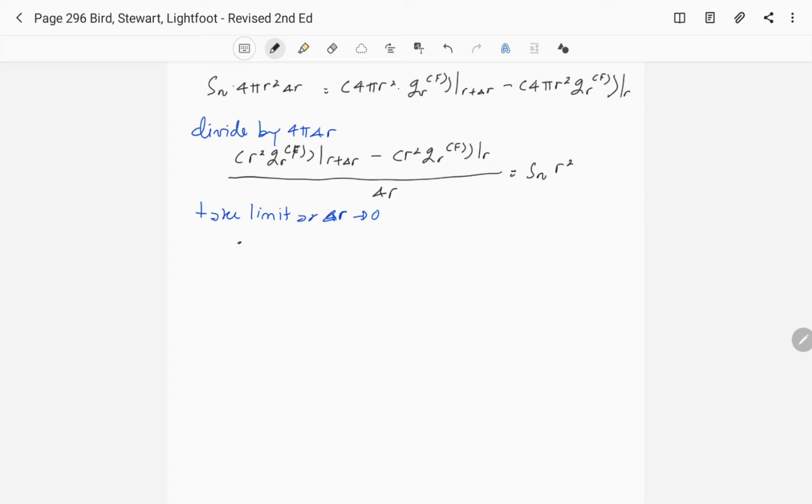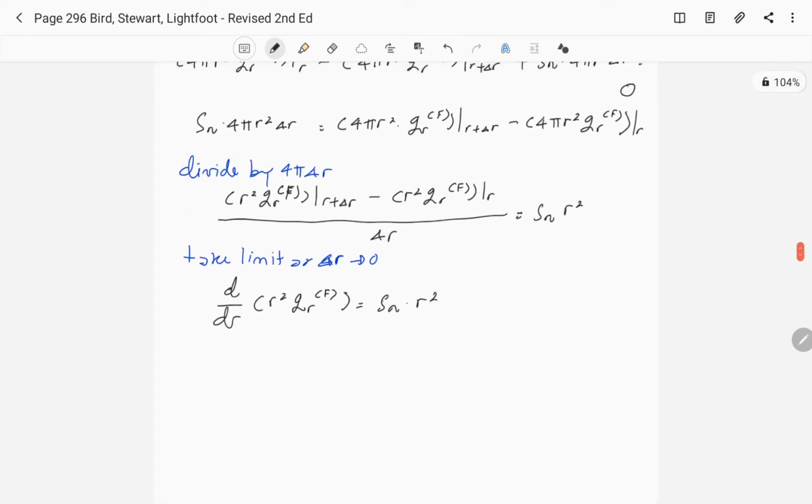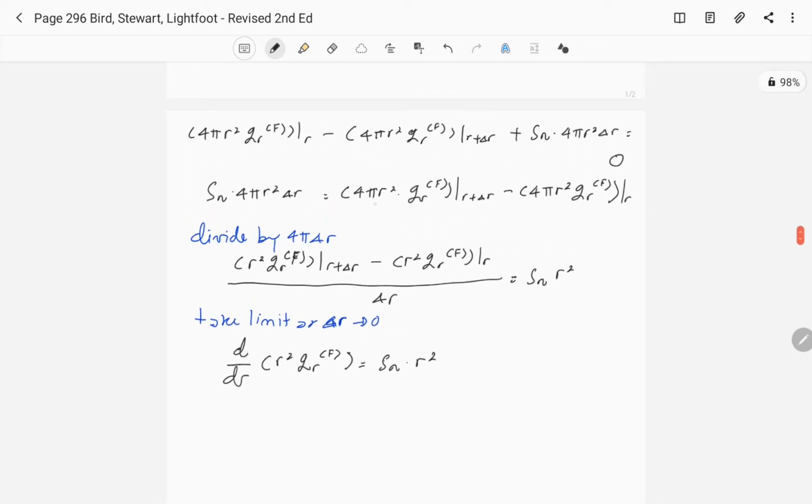So this will be d over dr of r squared Q_rF, equal to Sn r squared. You cannot simply separate this r squared from this Q_rF, like I told you, because Q_rF is a function of r.